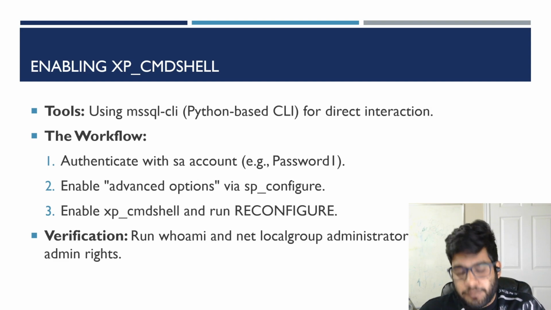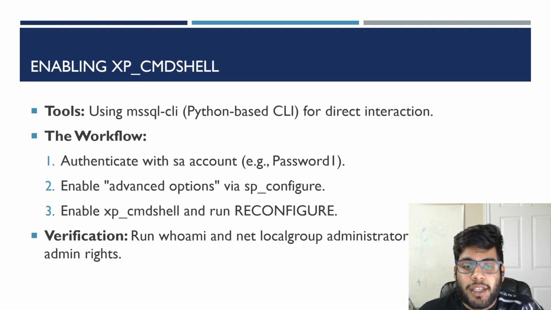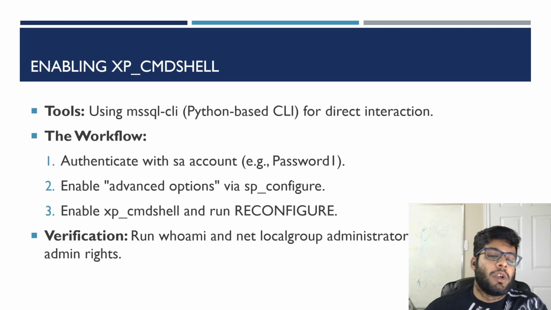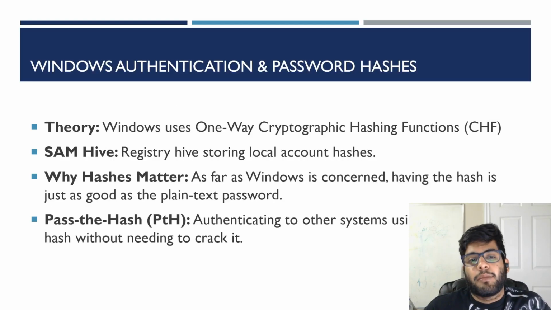Then we have to enable xp_cmdshell from disabled to enabled. After that, we can run whoami and check the result, which will show the user that is currently running the system CMD commands. It will eventually show you the MSSQL user, and then you can verify whether that user is in the administrators group. When you check the local group administrators, it will show you whether that SQL user is in the admin group.